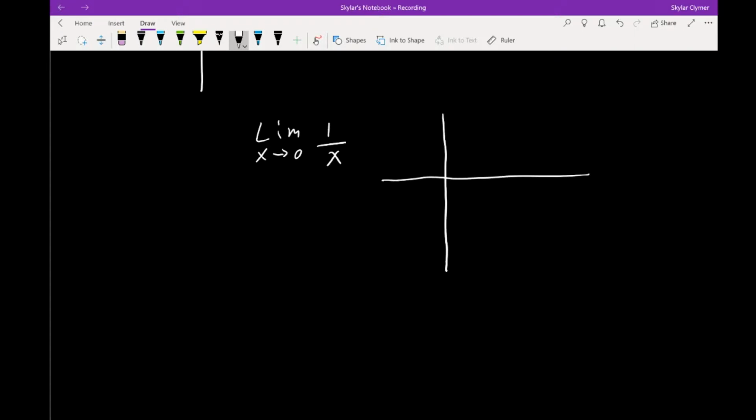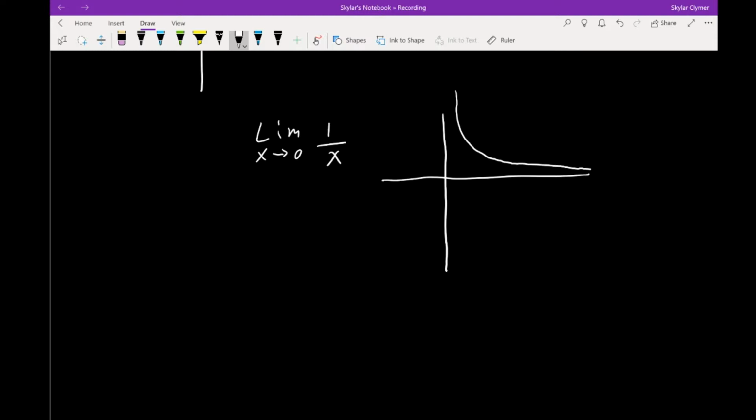And 1 over x is something like that. So as x gets really, really, really big, this becomes really, really small. Or as x gets closer and closer towards 0, what happens? Now from the graph, it's kind of hard to tell. You can't see all the way up here.